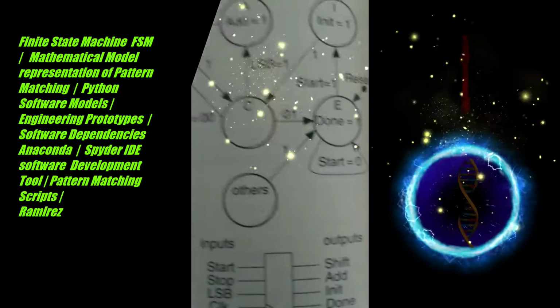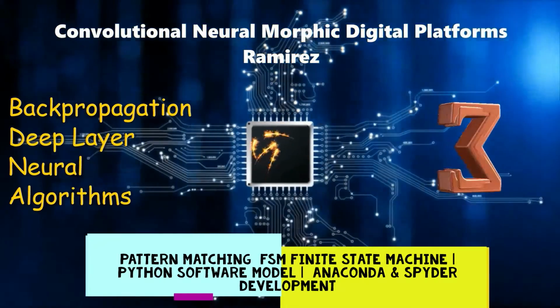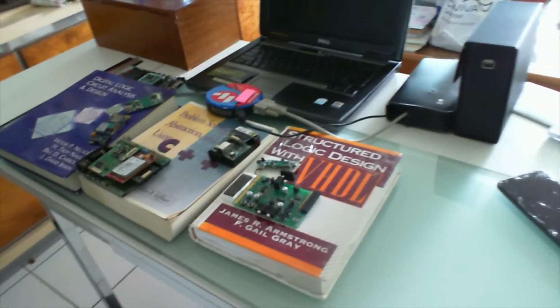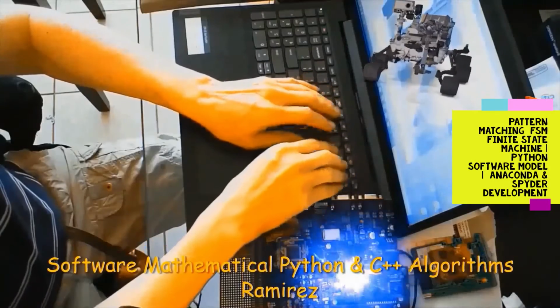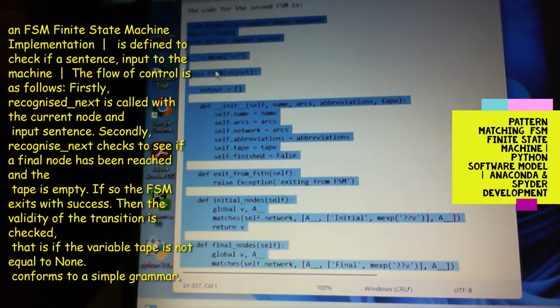The change from one state to another is also known as a transition. So an FSM is defined by a list of its states, its initial state, and the inputs that trigger each transition.